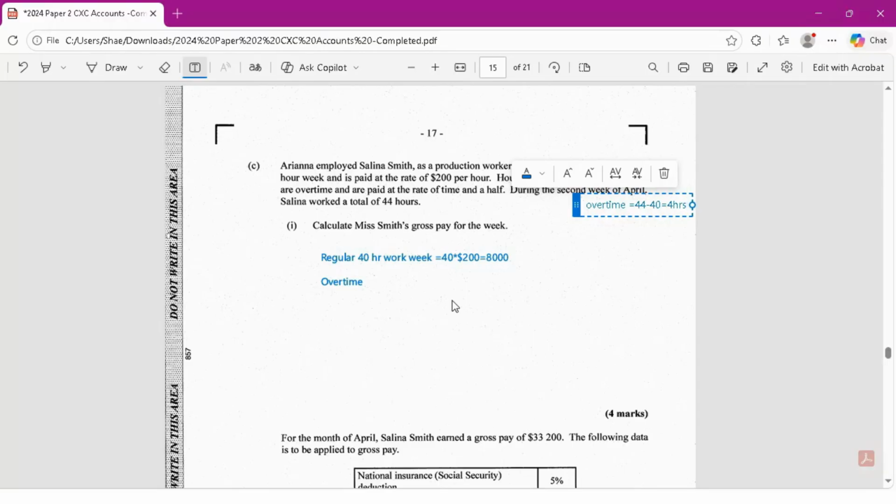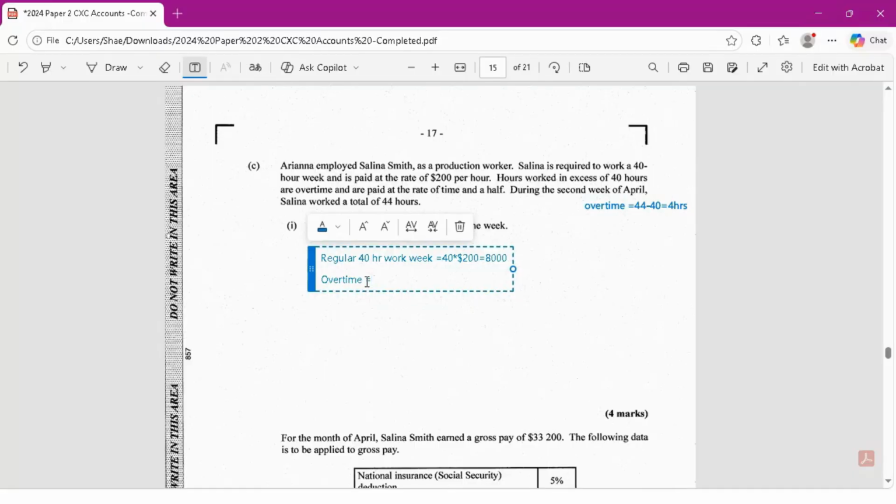The overtime now is time and a half. So it's equal to 200 multiplied by 1.5, which is time and a half, multiplied by 4, which is the excess hours. So the $200 is the hourly rate, the 1.5 is the overtime rate, and the 4 hours is how many hours she should get overtime for.